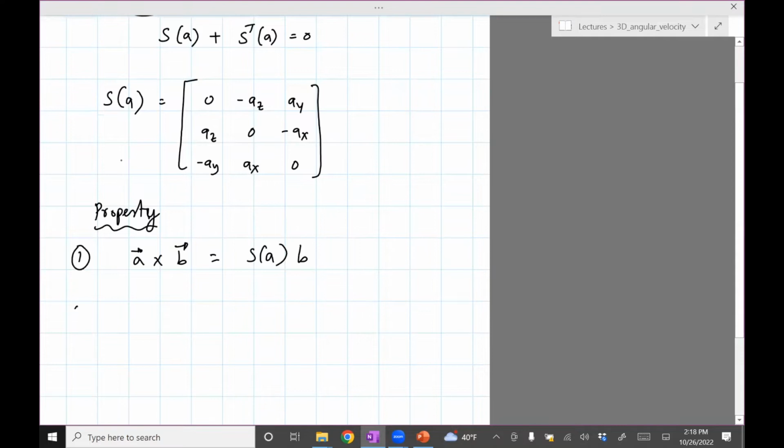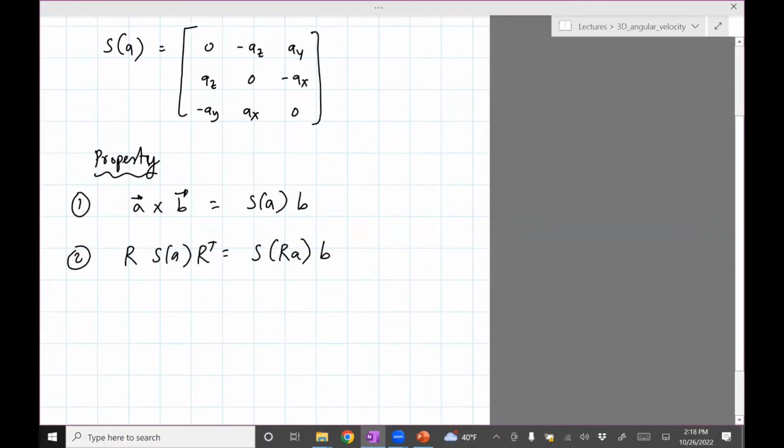The other property is, if you have a rotation matrix R and you multiply it with S and then R transpose, this is the same as S of R of A times B. The proof of that is slightly more involved, so I would not prove number 2.